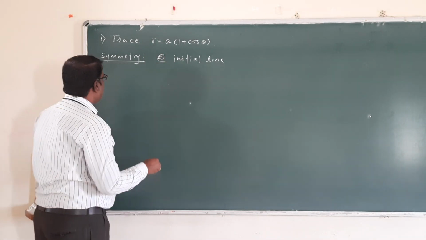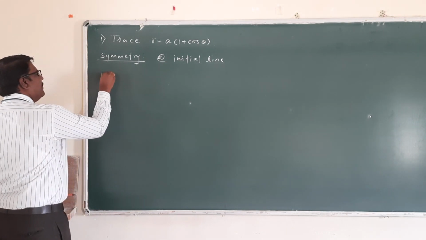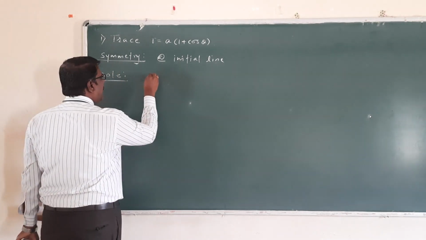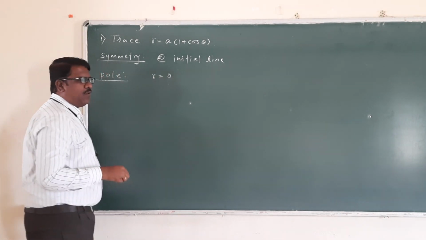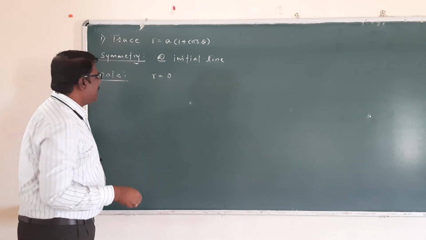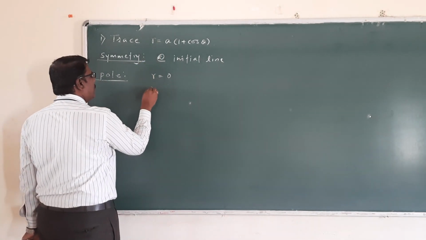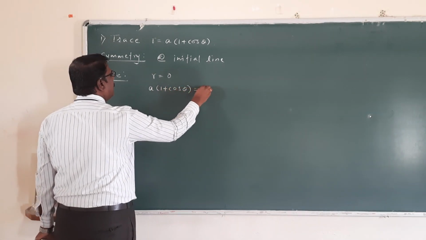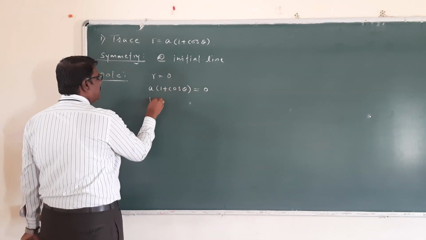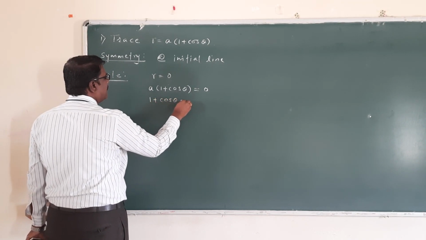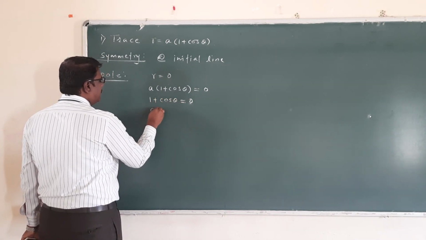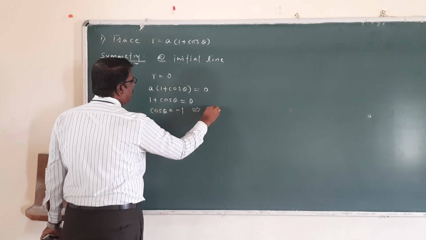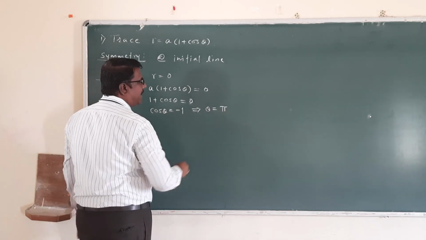Now the second point is the pole. For getting the pole, we substitute r = 0. When r is 0, it means a(1 + cos θ) = 0. This implies 1 + cos θ = 0, which implies cos θ = −1, and therefore the value of θ is π.